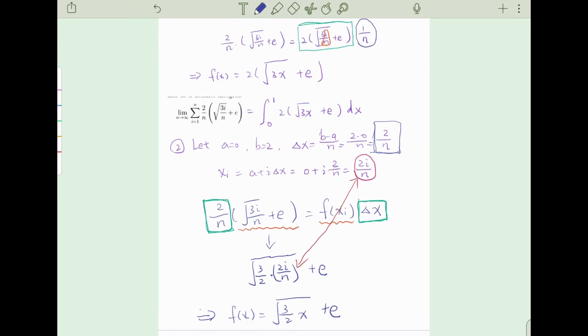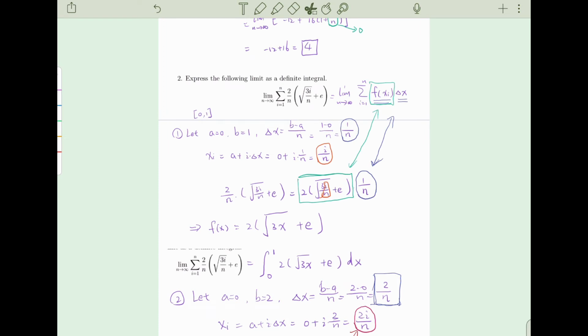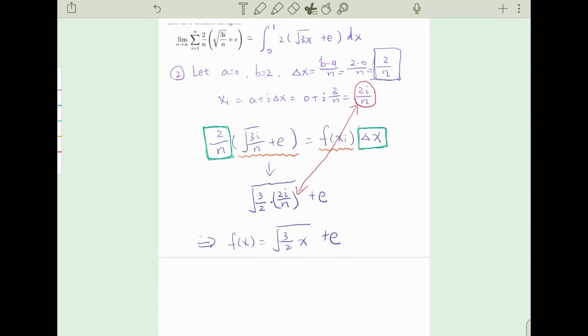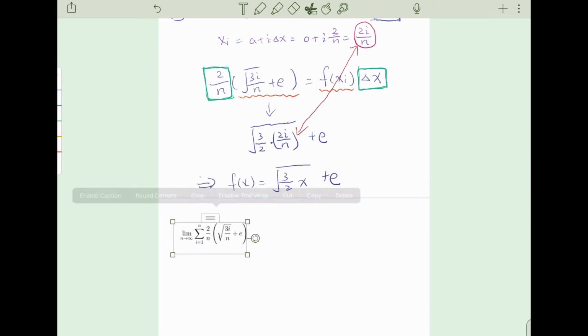So the expression here can now be written as a definite integral from a to b, 0 to 2, of f of x, that is 3 divided by 2x plus e, bracket 2x.